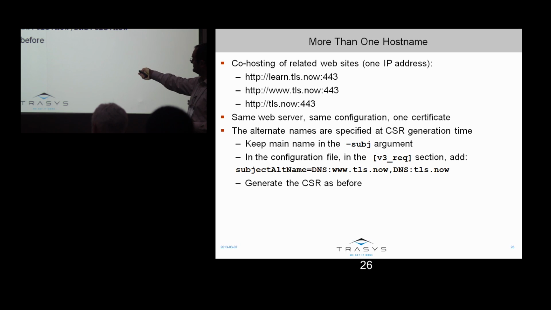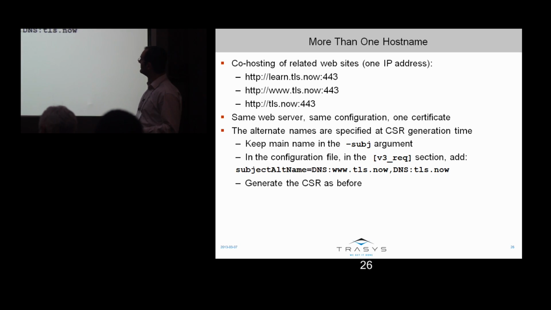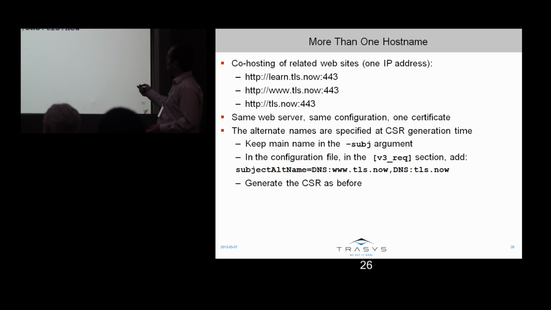And for these other 2, you would put them in the configuration file. So find the OpenSSL.conf file, find its v3_req section, because that's the one we're already using, and add this. And now you've added these 2 extra host names.